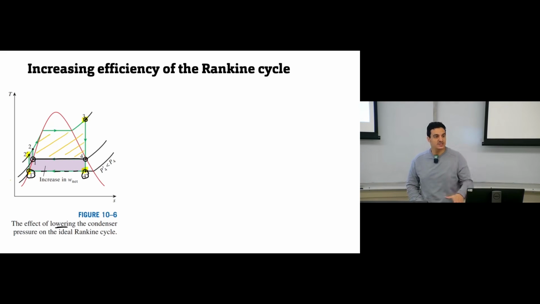But if we decrease the condenser pressure, we have this area as well, plus the original area. So we are increasing the amount of network obtained from this cycle, which means we are increasing the efficiency of the cycle. Clear? Make sense?